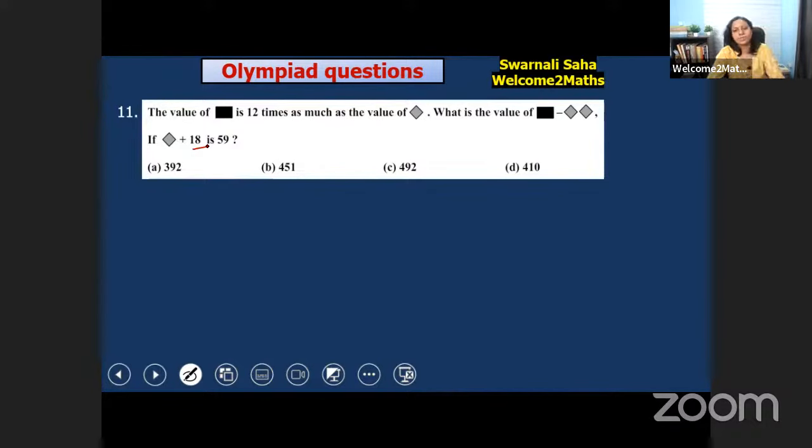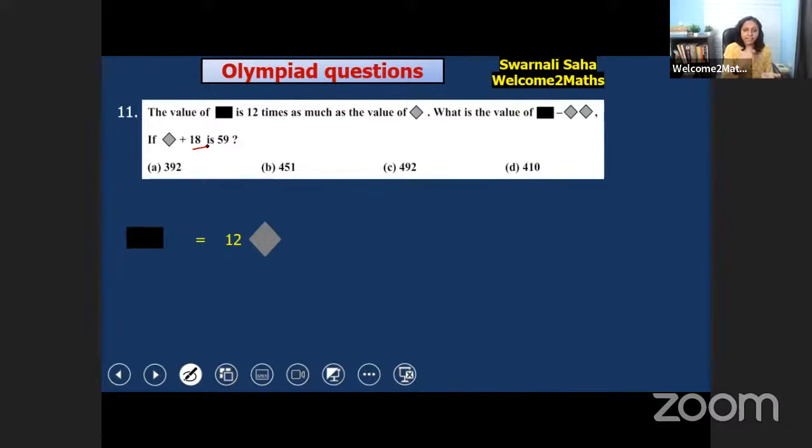Okay, so let's see the answer. Here you can see that 1 rectangle is 12 times as much as the value of a diamond. That means 1 rectangle is equal to 12 into diamond, I mean 12 diamonds.